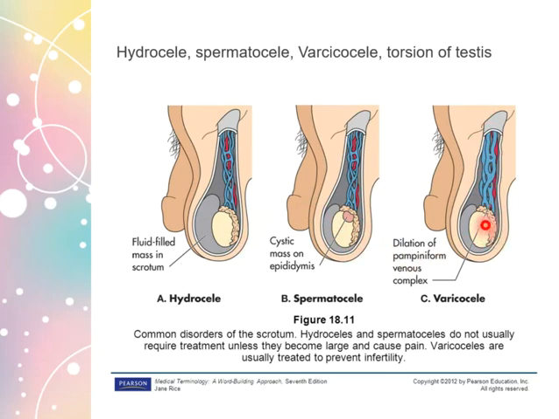There can also be a torsion of the testis. This is an acute, complicated condition seen in young males. The testis turns around on the vessel, so the blood supply to the testis is blocked.